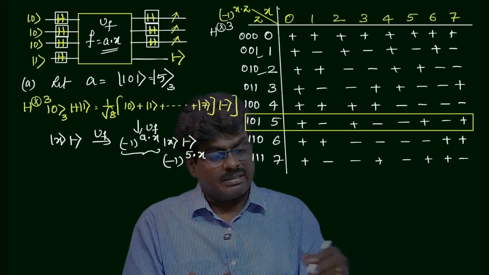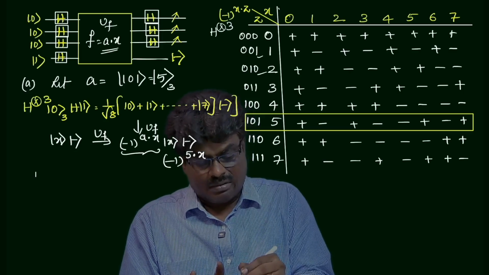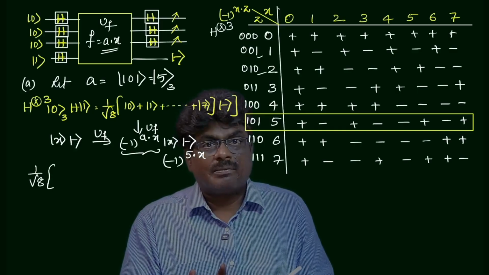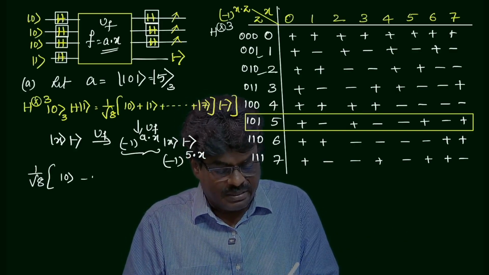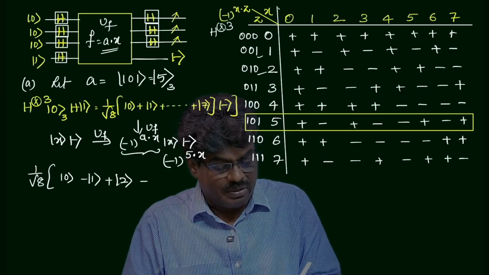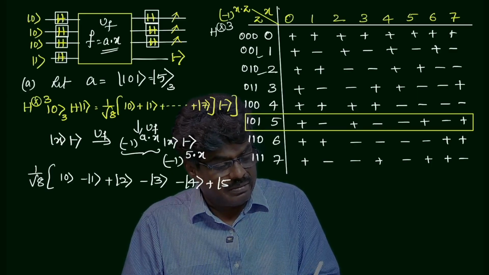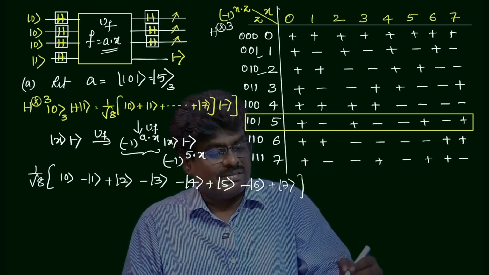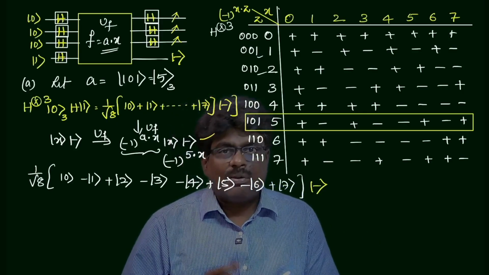So directly write this. Finally, after this unitary operation you will get 1 over root 8. Here the phase factors: first one is plus, next one is minus, and again plus, carefully observe, next minus, next again minus, next plus, next minus, and next plus. And here finally this minus state is as usual. Now what did you observe?